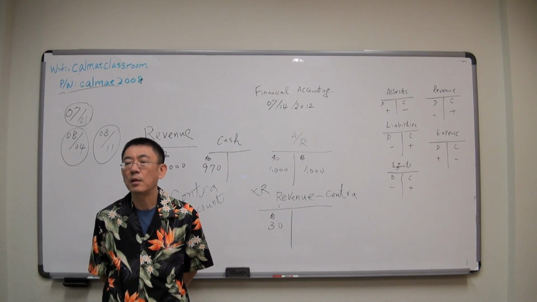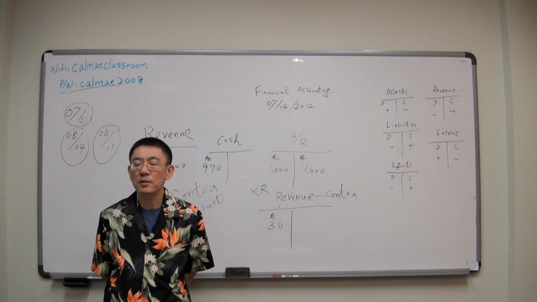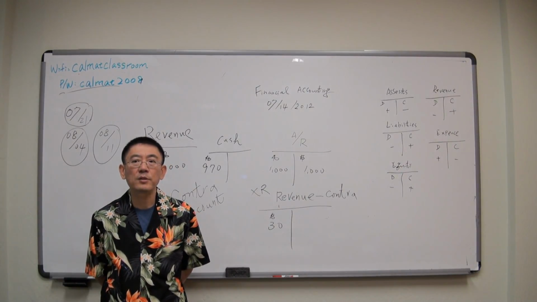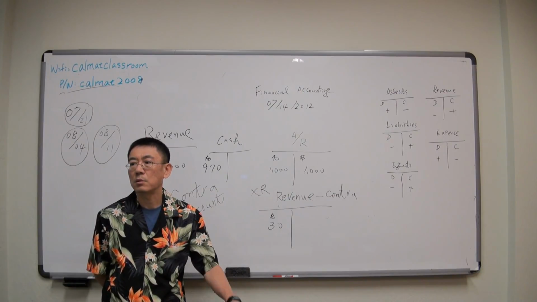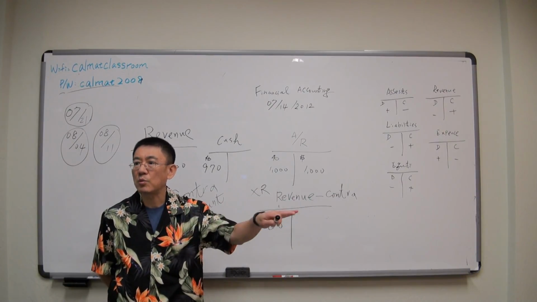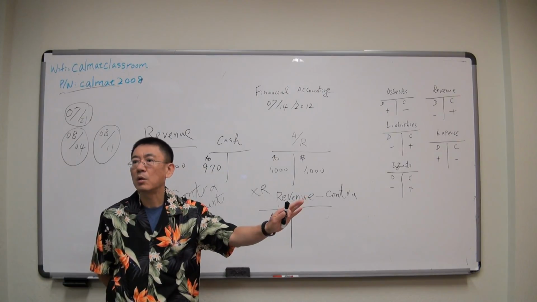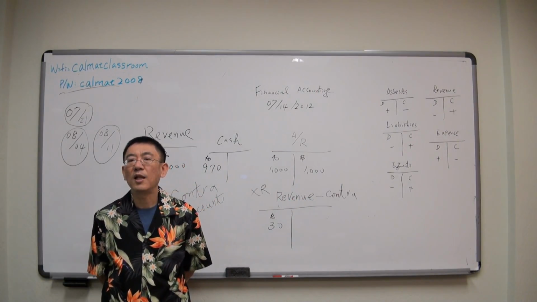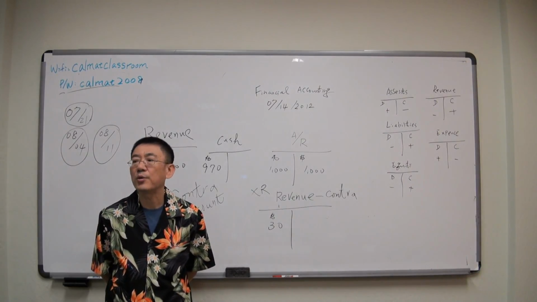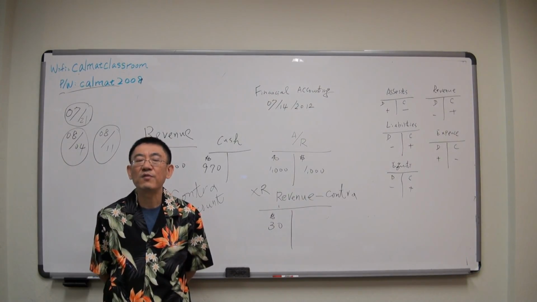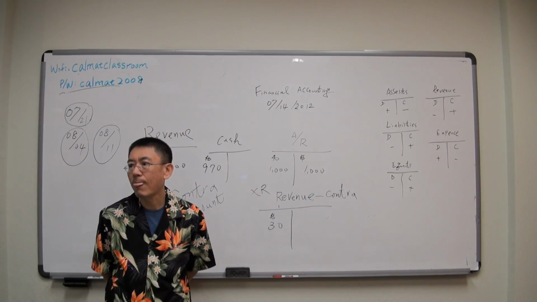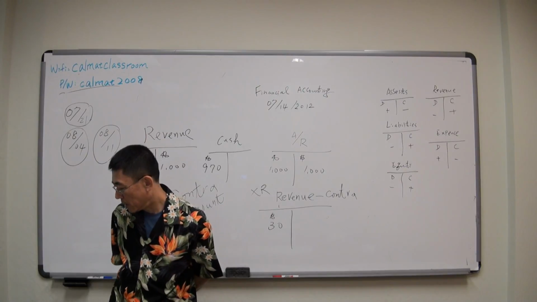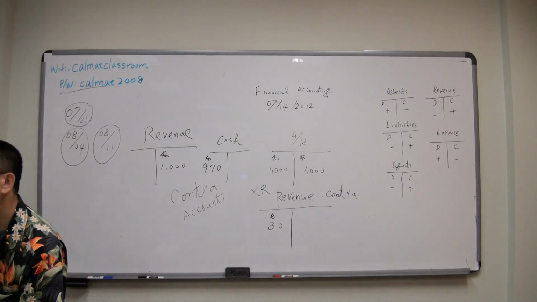Let me say it again, okay? When we just made $1,000 sales, you receive 1,000 cash. So right now we leave the revenue issue alone. Right now we focus on the inventory issue. You deliver the merchandise from your inventory, and the cost of the inventory is $700. How did you enter it into your accounting?